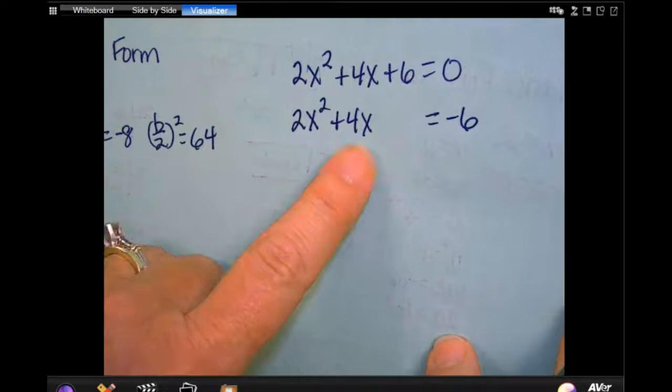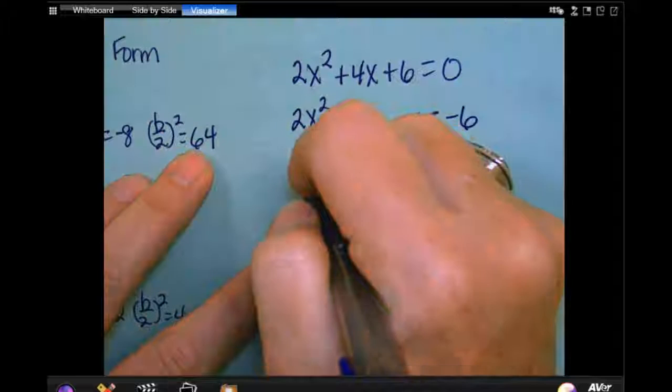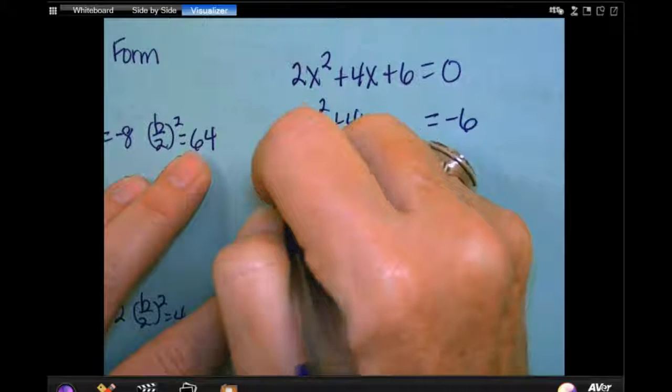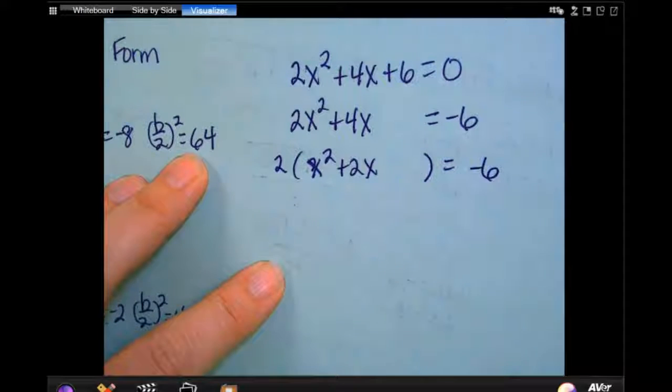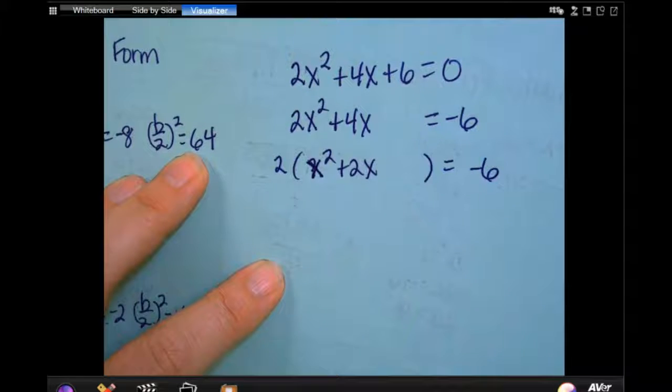Now on this side, I just want to take out the 2. So I'm going to have the x squared plus 2x, and I'm going to put the 2 in front. Because I still want to complete the square, I'm going to leave the x there.